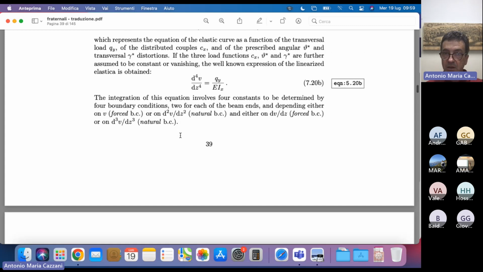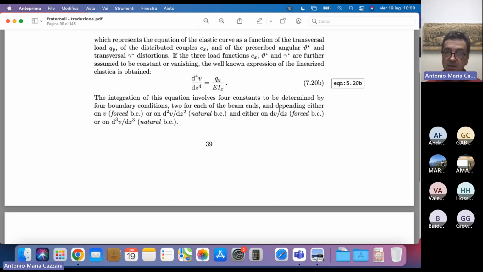This involves the fourth derivative of the transverse displacement, connecting it to the applied distributed load. And so if we integrate this fourth order differential equation, we will get a general integral depending on four constants, which must be determined by four boundary conditions, two for each of the beam ends. This boundary condition will depend either on v, meaning a forced boundary condition, or on the bending moment, which is related to the second derivative of v with respect to z.